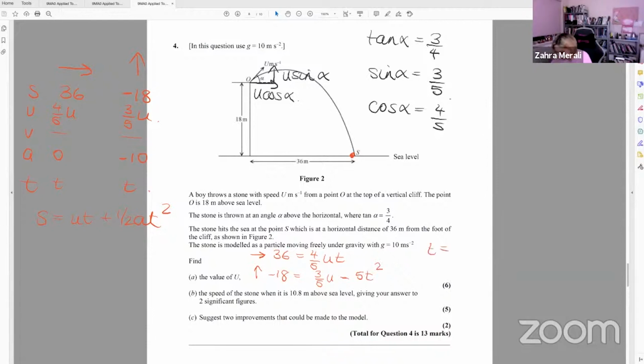So t equals 36 times 5 divided by 4, so 45 over u. We can sub that in. Minus 18 equals 3/5 u minus 45 over u squared times 5.